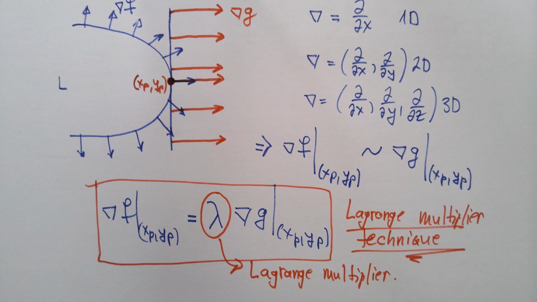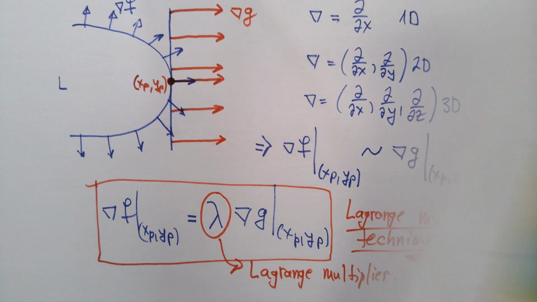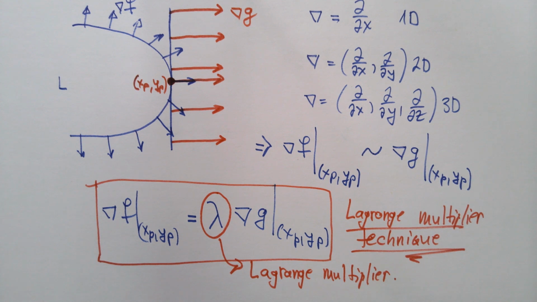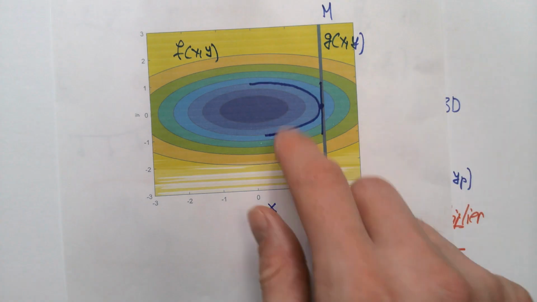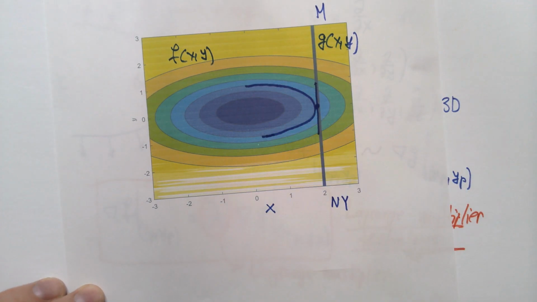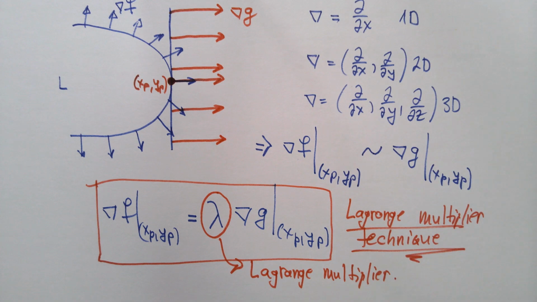So I hope that what we did here demonstrated to you both graphically, intuitively, and conceptually over here, as well as over here, what the Lagrange multiplier technique is really all about. When we know all this, let us go back and actually calculate now this problem. Let us put this theory to work.